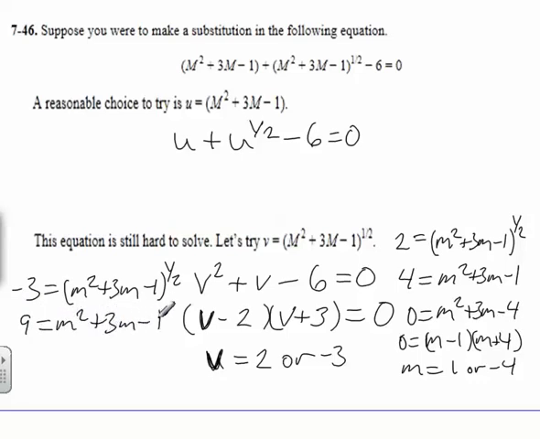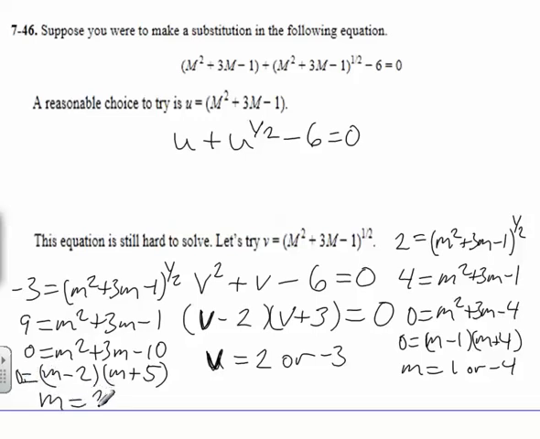Subtract 9 from both sides to get m squared plus 3m minus 10. And factor yet again: m minus 2 times m plus 5. So m is 2 or negative 5. And there we have it.